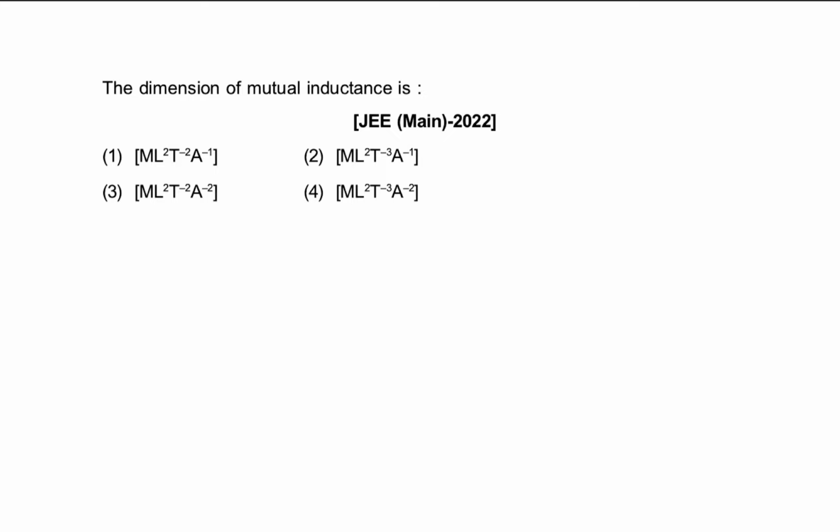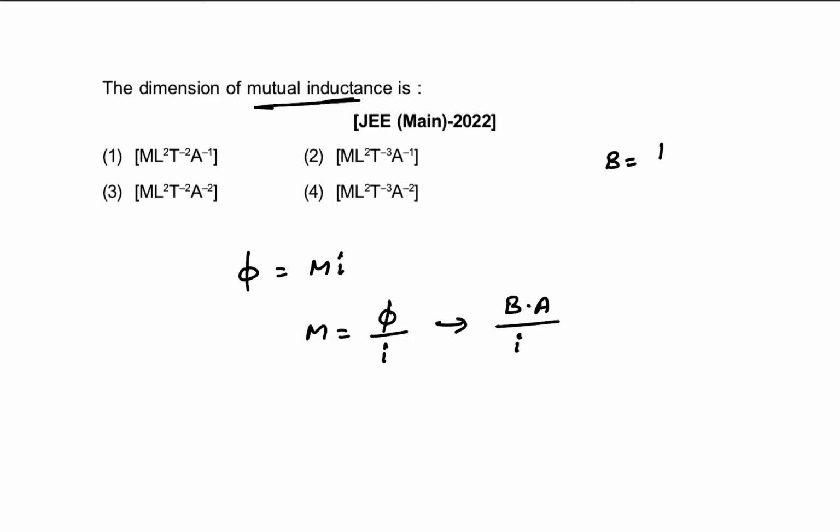Dimension of mutual inductance. What is the dimensional formula for mutual inductance? We have flux is equal to mutual inductance into I, so mutual inductance is equal to magnetic flux divided by the current. Magnetic flux is nothing but magnetic field into area, divided by the current.